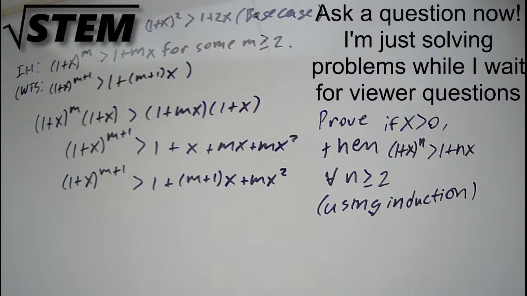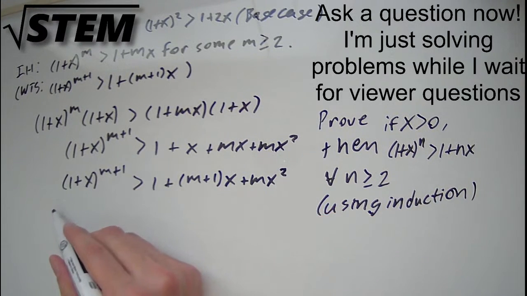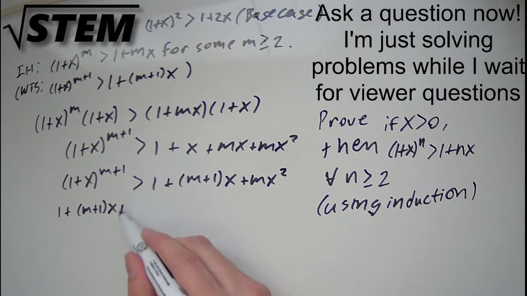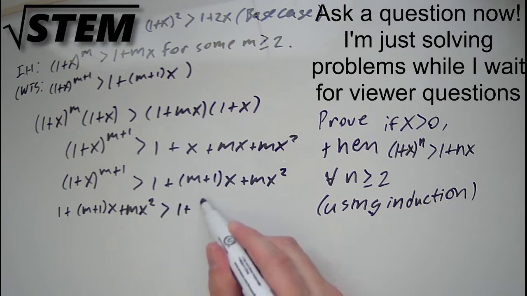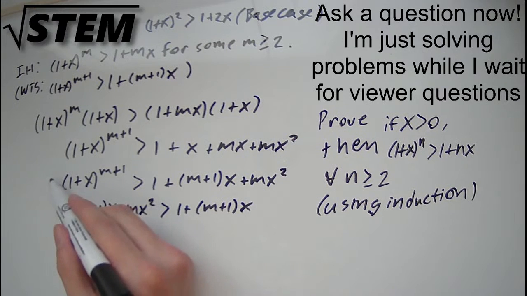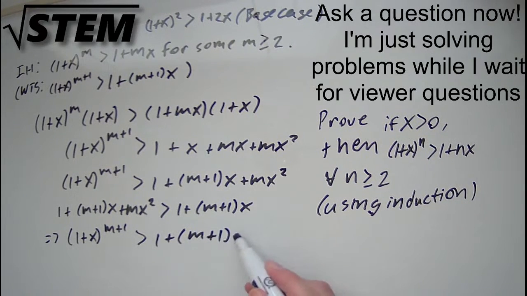But actually, no, I think that works, because if x is greater than 0, then 1 plus m plus 1 x plus mx squared has to be greater than 1 plus m plus 1 x. So with this and this together, that means that 1 plus x to the m plus 1 power is strictly greater than 1 plus m plus 1 times x.